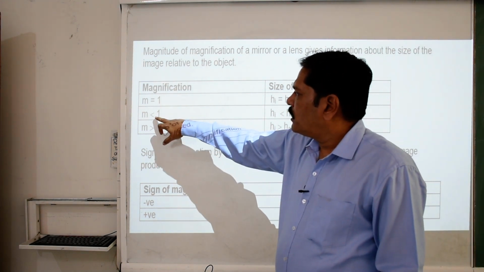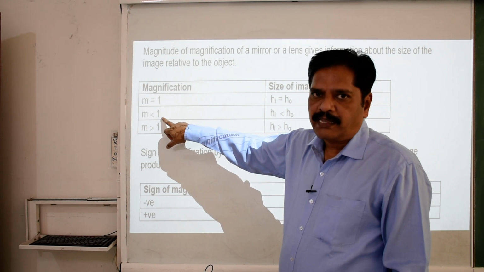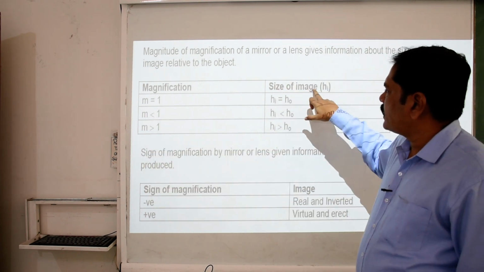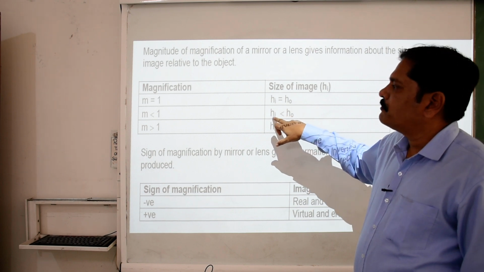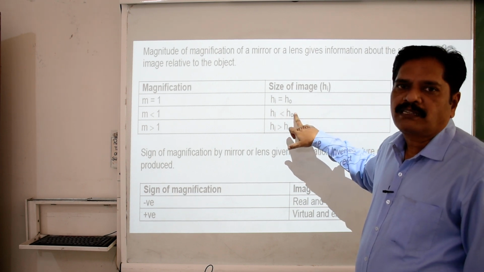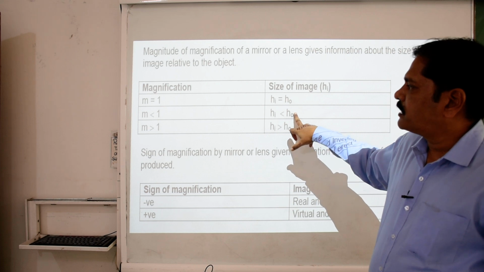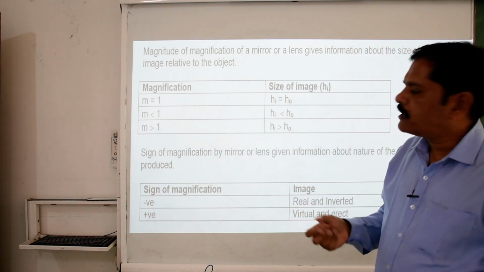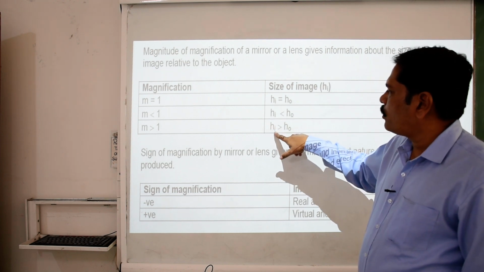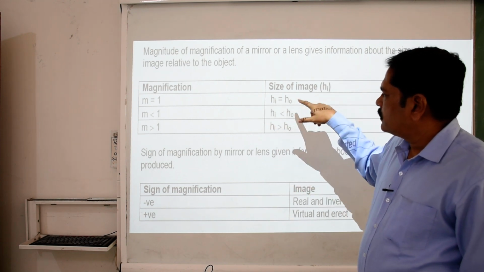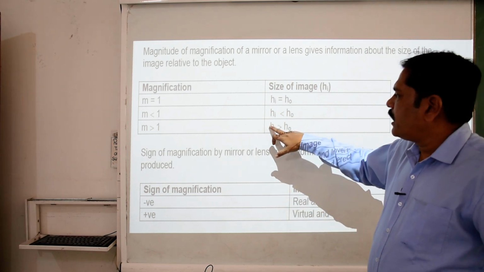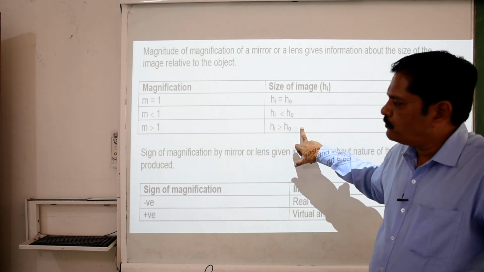Then if magnification is less than 1, what will be the size of the image? The size of the image will be shorter than the height of the object. Clear? If magnification is more than 1, then what will be the conclusion? The height of the object is smaller than the height of the image, or simply you can say the height of the image is greater than the height of the object.